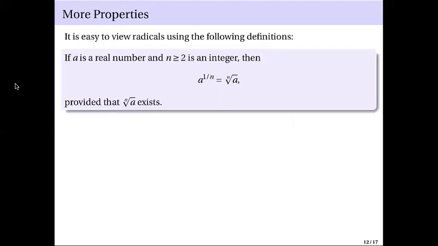Now, here are some more properties. It is easy to view radicals using the following definitions. If A is a real number and n is an integer greater than or equal to 2, then the nth root of A is actually A raised to the power 1 over n.